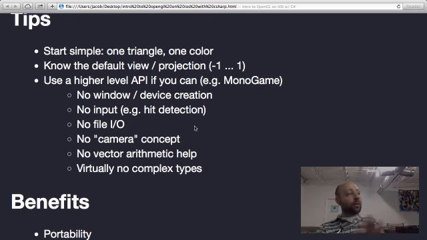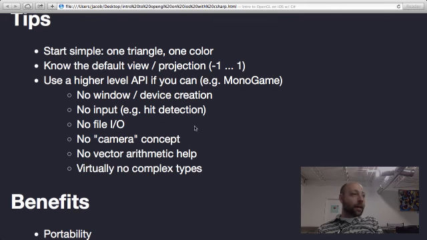There's no input. There's virtually no concept of input in OpenGL. So if you want to write an app where you click on a particular point and interact, like I would imagine you're making a game where you tap on something or slash something and want to know what you hit, OpenGL, for the most part, won't help you with that.